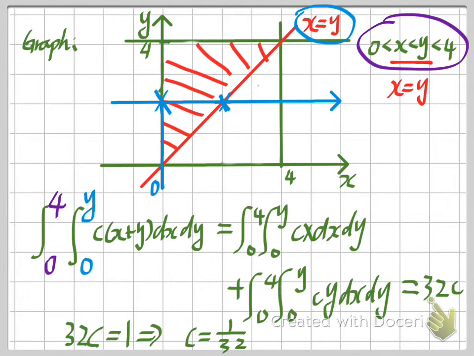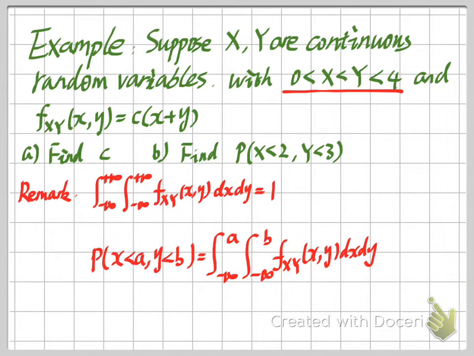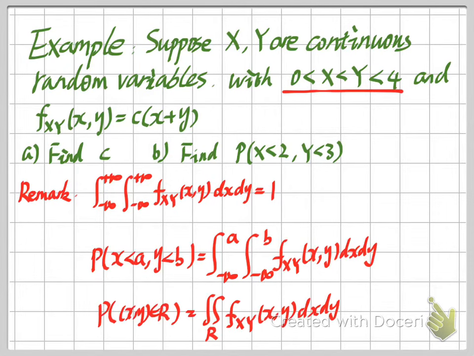The next part of this question is, what is the probability of x smaller than 2 and y smaller than 3? The idea is we should use the definition of probability. Here I already wrote this as a double integral, but we can also write it in a more general case.